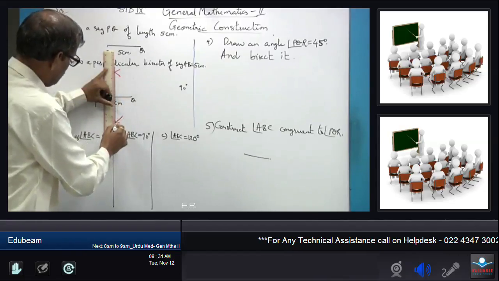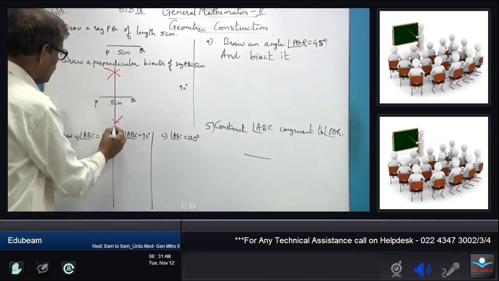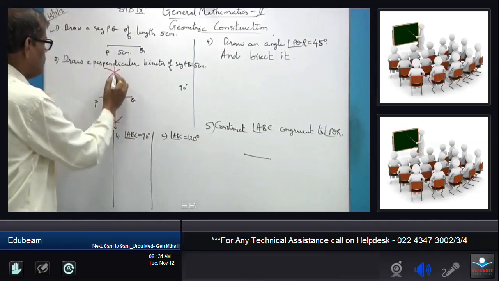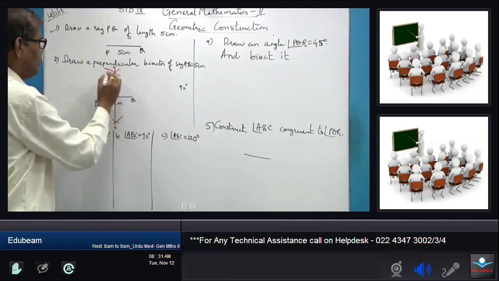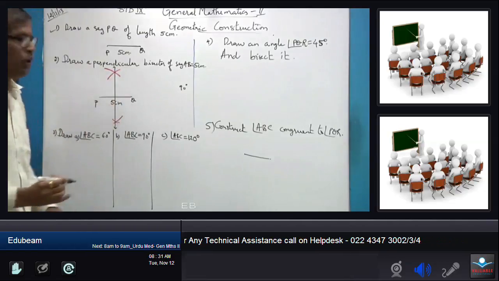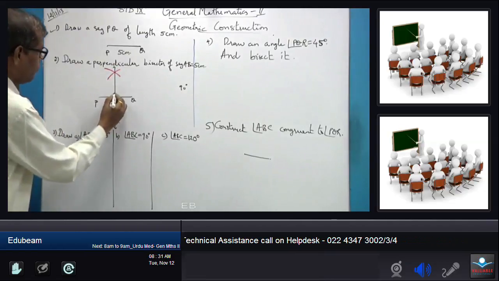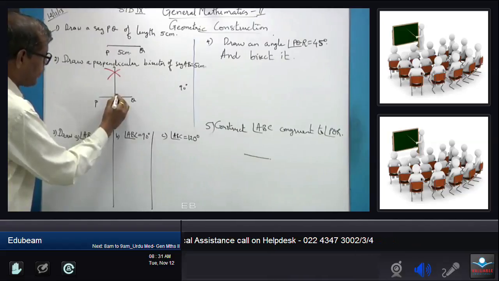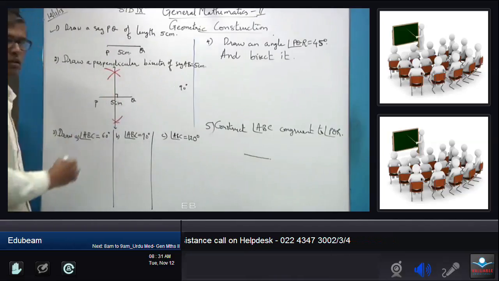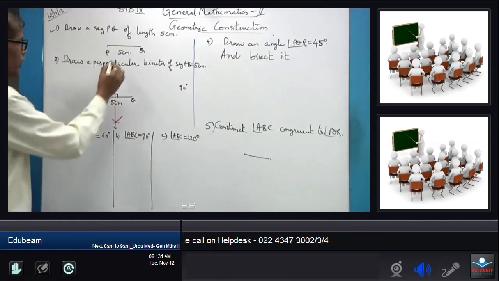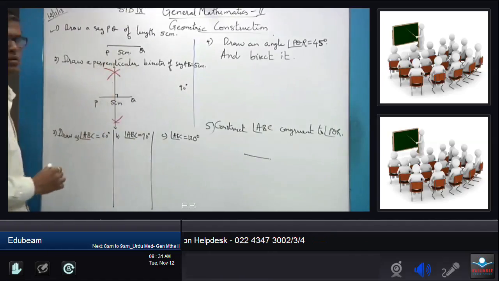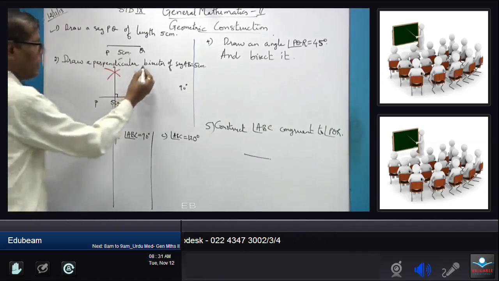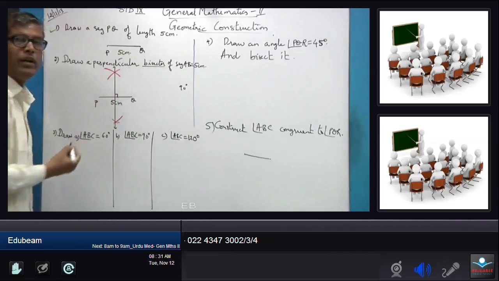Now with the protractor, I want to measure this as 60 degrees. The protractor's center should be exactly on this point B, and this 0 should be on that line. So B is here and C is here.